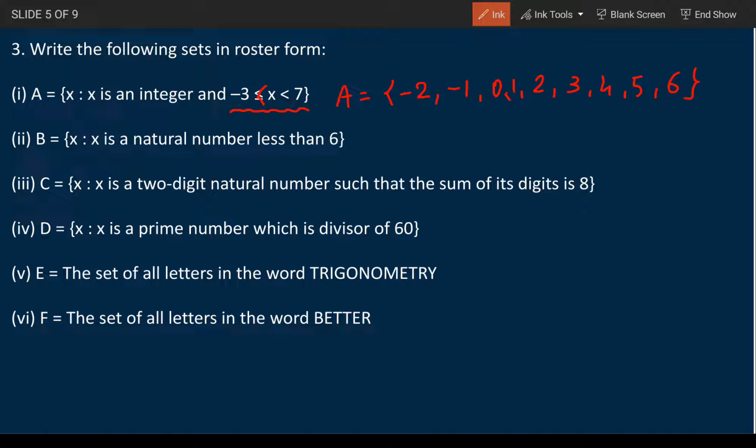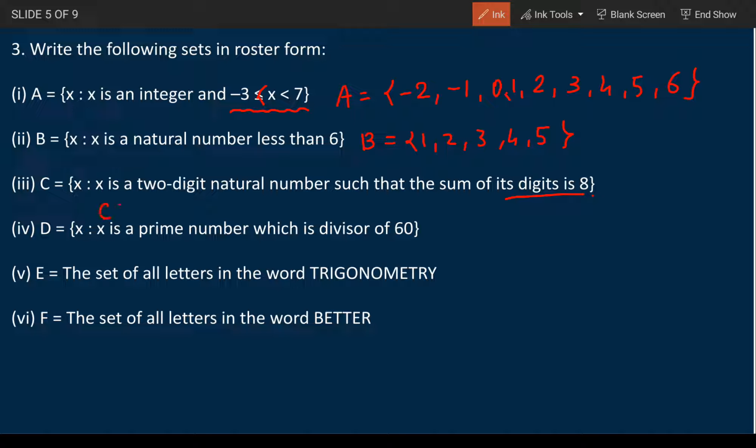Second, we have B equal to {x : x is a natural number less than 6}. The natural numbers less than 6 are 1, 2, 3, 4 and 5. We have a third question: C equals {x : x is a two-digit natural number such that the sum of its digits is 8}. We have to determine the two-digit numbers whose digit sum is 8.